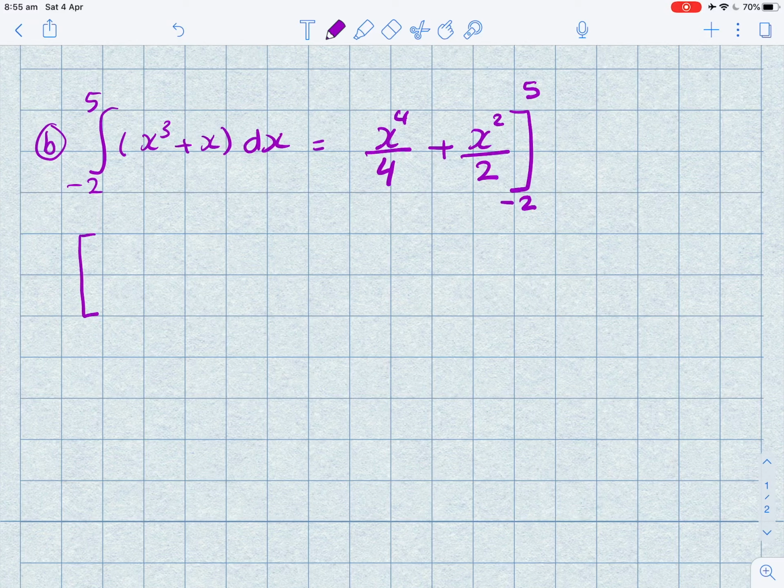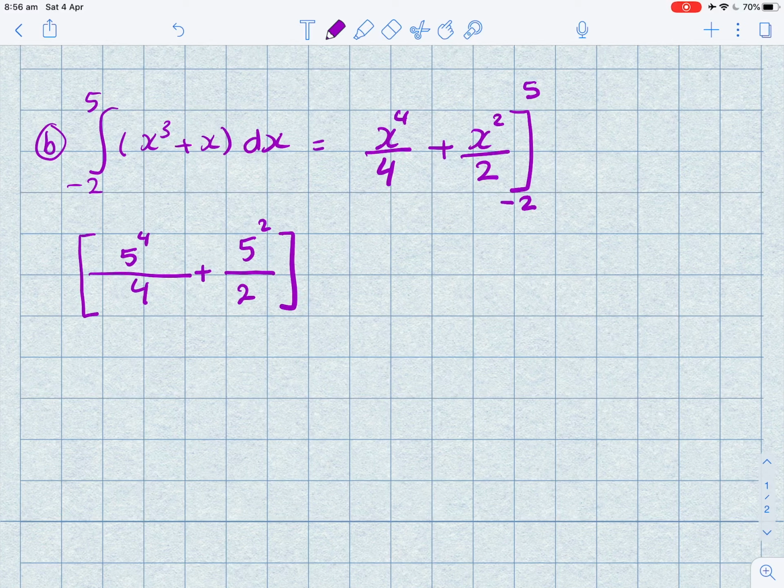So instead of x to the power 4, it's going to be 5 to the power 4. You always start with the upper limit minus the lower limit. So 5 to the power 4 over 4 plus, instead of x squared, it's going to be 5 squared over 2.